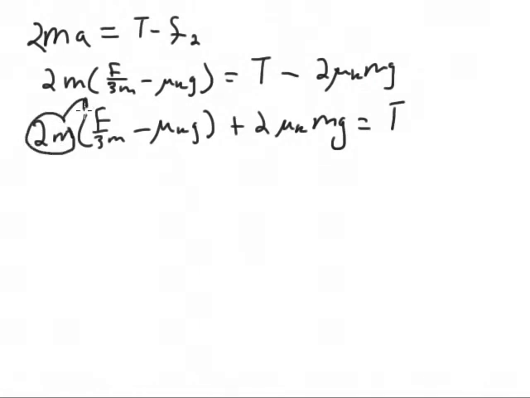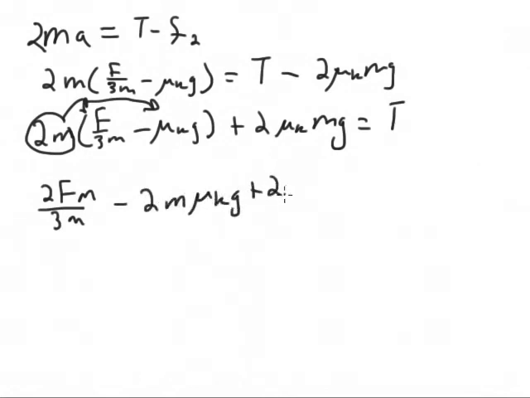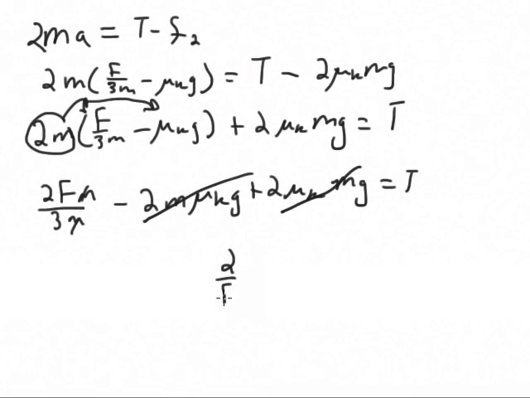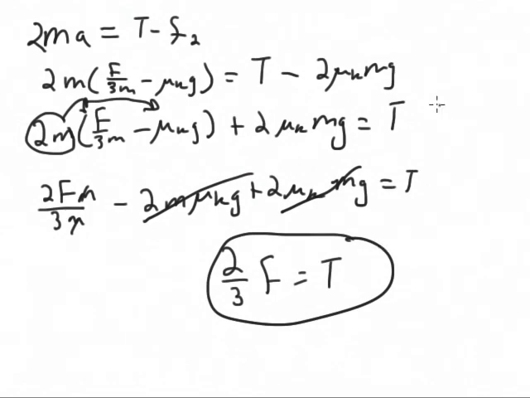We'll multiply the 2m into here, so we'll get 2m times F over 3m minus 2m mu k g plus 2 mu k mg equals the tension. These two cancel each other out. This is m over m, so now we get 2/3 F is equal to the tension. And that was the last bit. Thank you very much.